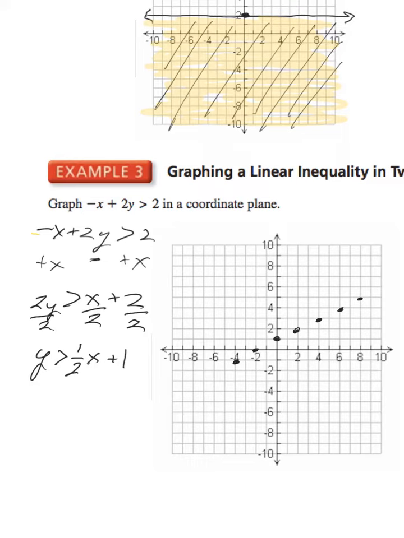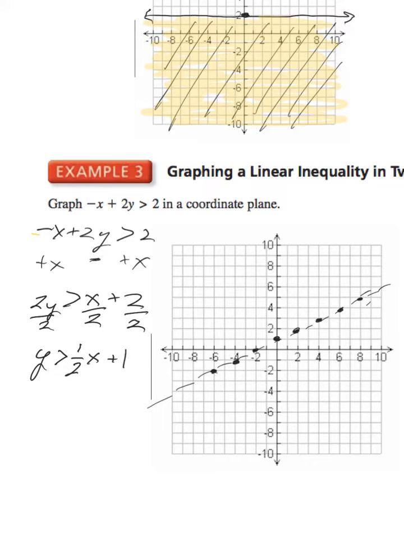So what I've done here is actually the finished product in many respects. If you want to make more dashes, you can go ahead and do that. But for the most part, those dots give us the impression of what's going on. This is telling us that when it's greater than, the line is not included in the solution.